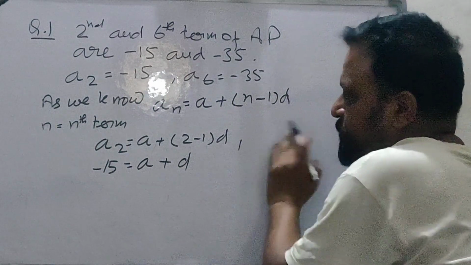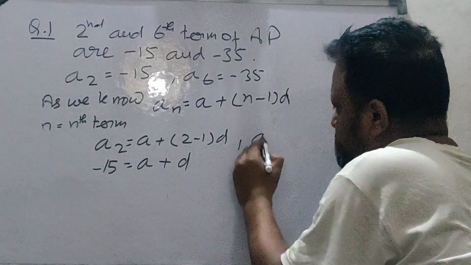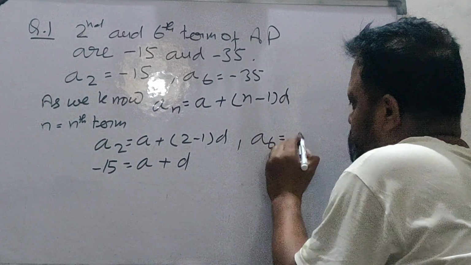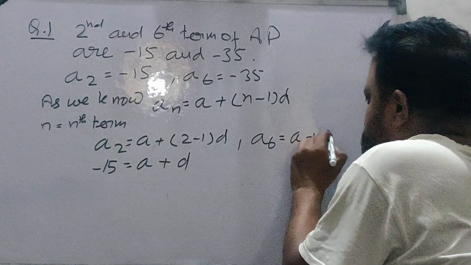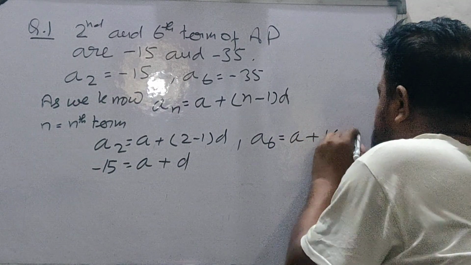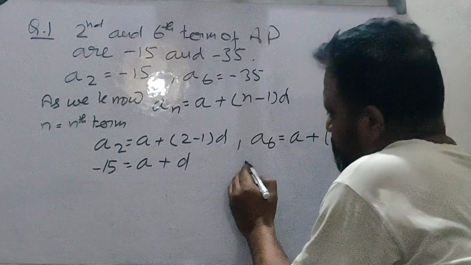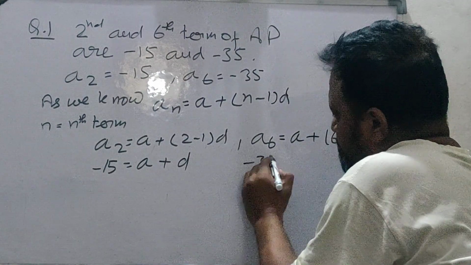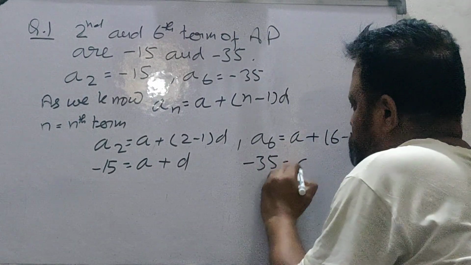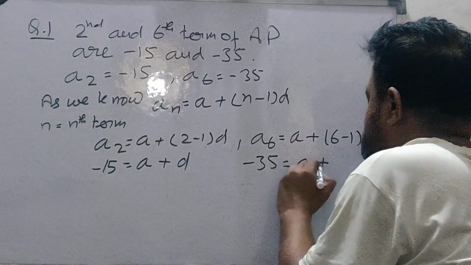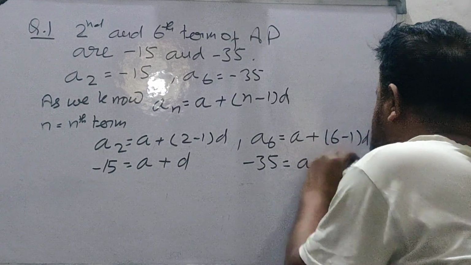And again we have minus 35. Now A6 is equal to A plus (6 minus 1) into D. So it becomes minus 35 is equal to A plus 5D.